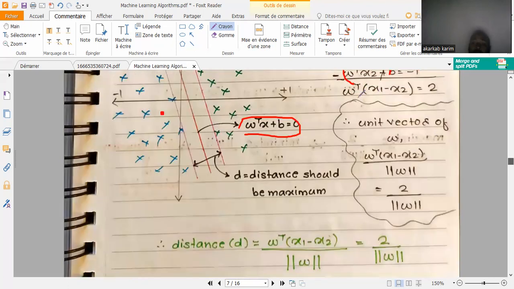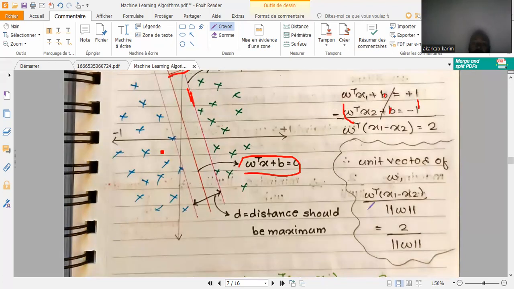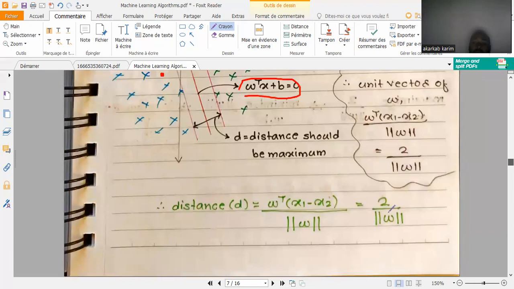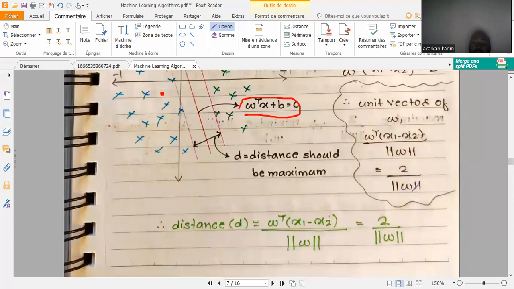After that, we need to divide all of this by the magnitude of W. What we found here is W transpose (x1 minus x2) divided by the magnitude of W is equal to 2 divided by the magnitude of W. Well, the distance equals W transpose (x1 minus x2) divided by the magnitude of W, which equals 2 divided by the magnitude of W. This is the distance.